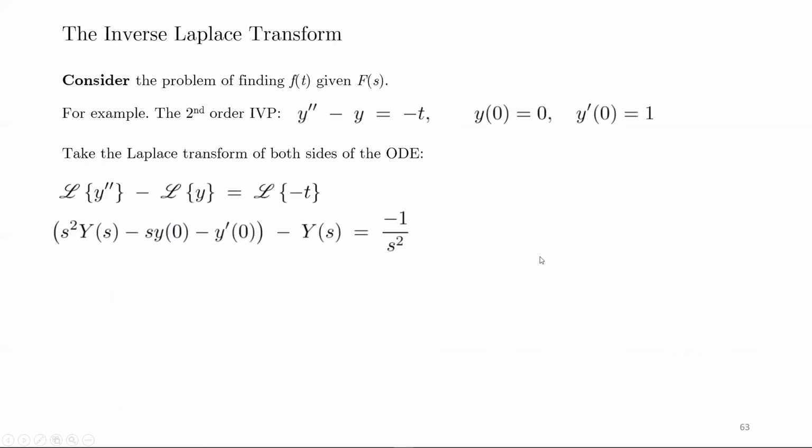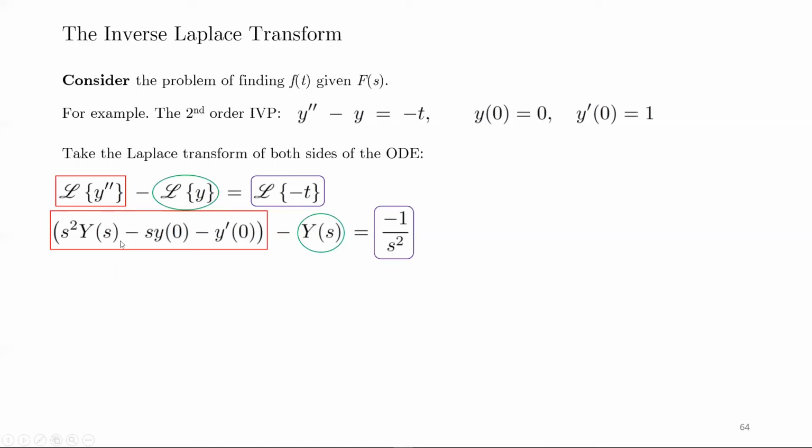So what we get is s squared times capital Y, minus s times the first initial condition, minus the second initial condition. That's the Laplace transform of y double prime, minus the Laplace transform of y, which I'm writing as capital Y of s, equals negative 1 over s squared, the Laplace transform of negative t.